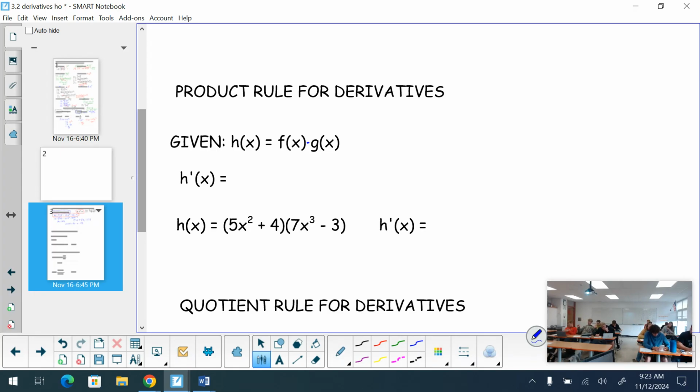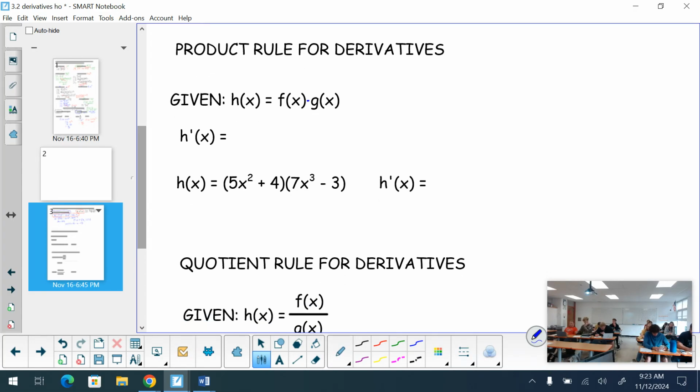We can find the derivative of these two terms, or of this function, is the derivative of our first term times our second, plus our first term times the derivative of the second term.